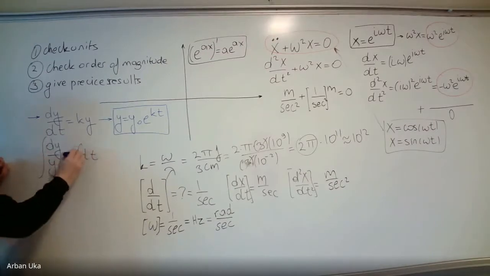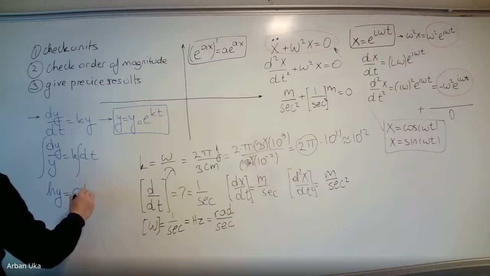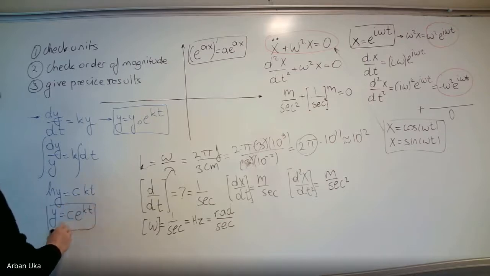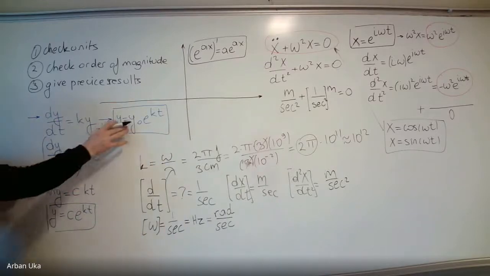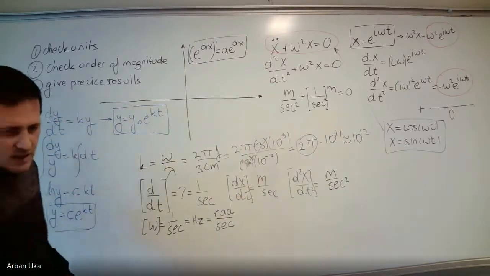We integrate both sides, and here we get natural logarithm of y is equal to a constant plus kt. Then we put the exponential, this is a constant times e to the power kt. Okay, so this part is a proof of this. You can take this for granted. We have shown this one in the previous classes.